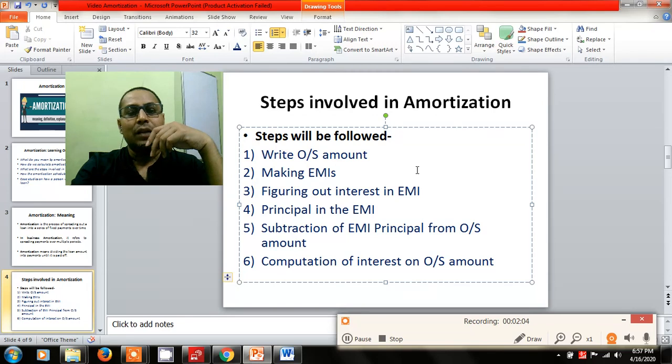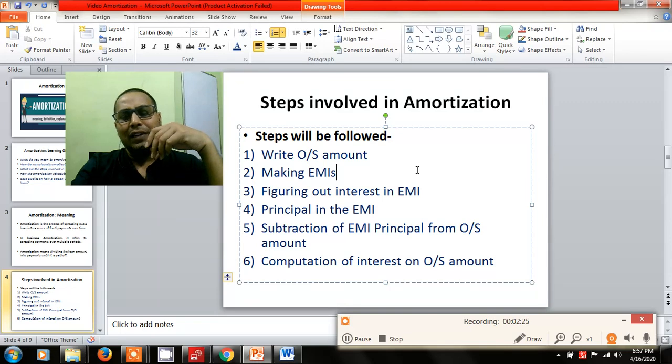Then, for the installments, you need to calculate the EMIs by applying the amortization formula, and then figure out the interest part of the EMI, and next the principal part of the EMI.